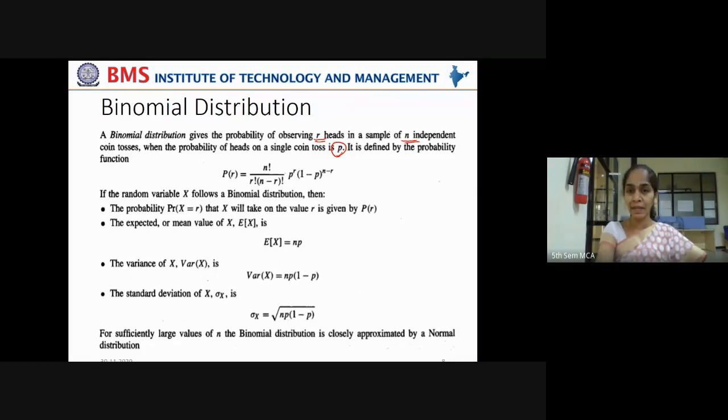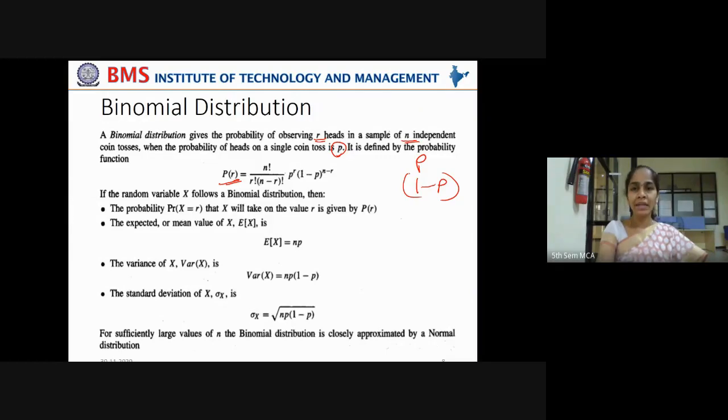If you take that as p, then it is defined by the probability function P(r), that is, the probability of observing r heads out of n coin tosses, when p is the probability of observing a head and 1 minus p is the probability of not observing a head. You know this from the probability definition: p is the occurrence of the event and 1 minus p is the non-occurrence of the event.